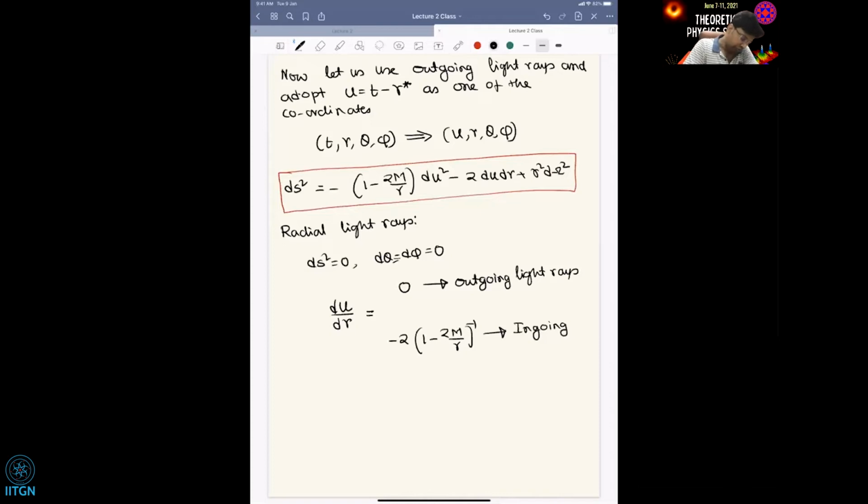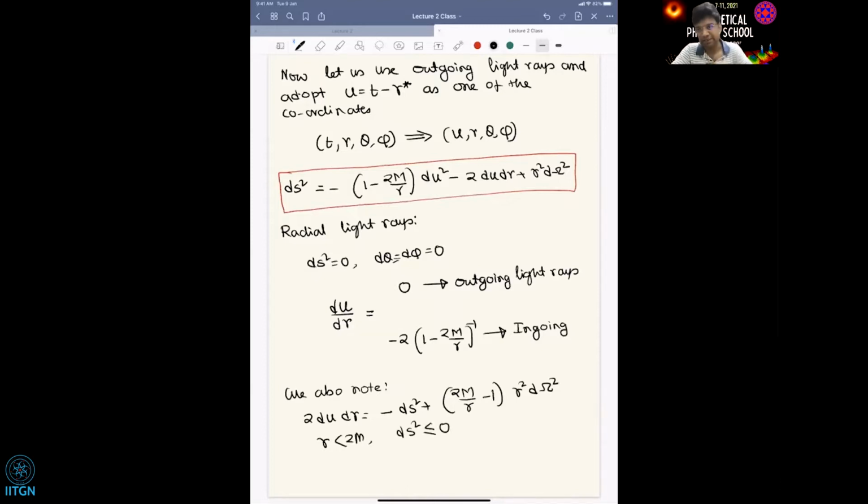We also note, just like previously, that 2 du dr is given by minus ds squared plus (2m by r minus 1) r squared d omega squared. Therefore, you notice that if r is less than 2m, ds squared is less than or equal to 0.